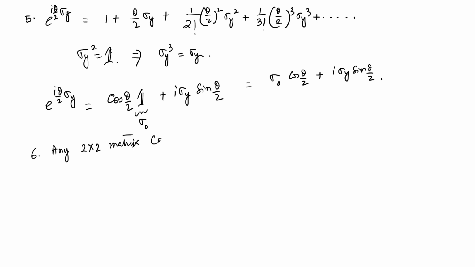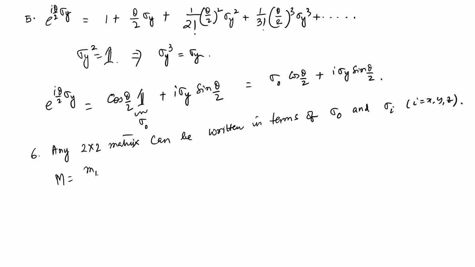Another property is that any arbitrary 2 by 2 matrix can be written in terms of sigma 0 and the components of sigma, or sigma i with i equal to x, y and z. This is easy to show. Let us take a general matrix with components M11, M12, M21, M22.